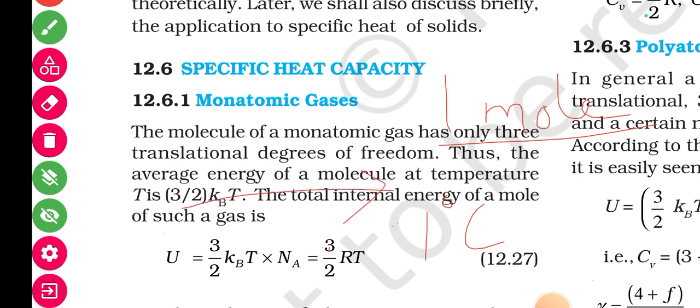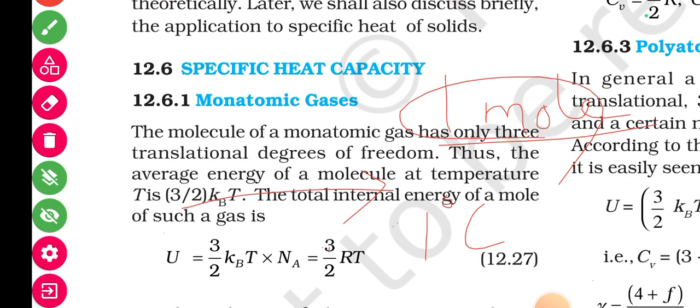How much heat is supplied to raise the temperature of 1 mole of a gas by 1 degree Celsius? That is its molar specific heat capacity. If instead of a mole, 1 kg was there, then it will simply be specific heat capacity.